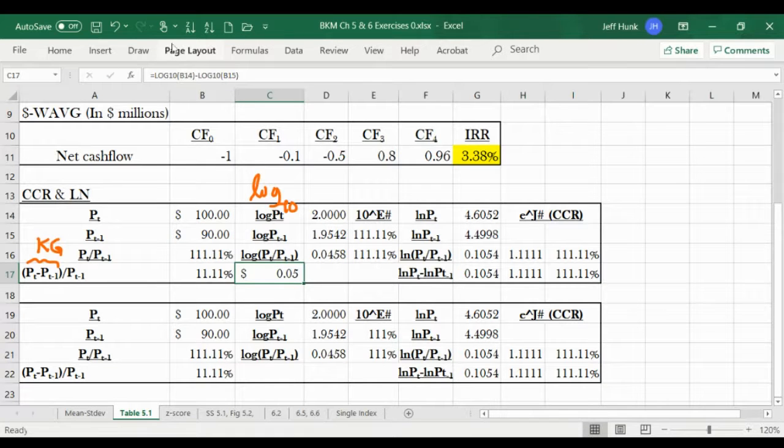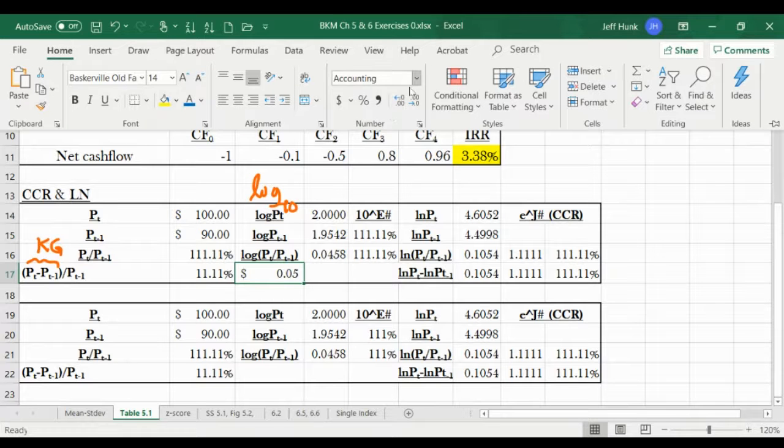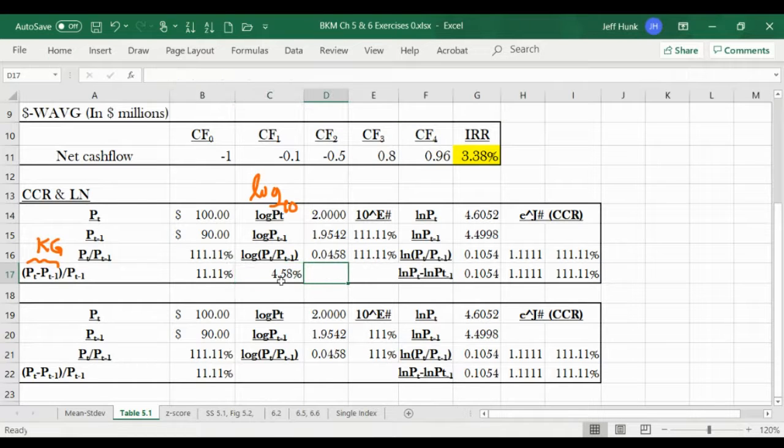It's not dollars, it's a stupid thing because the formatting was already in dollars. Let me go to format, percent, right? I get exactly the same percentage, right? Or I can do, I should have done it there, right?